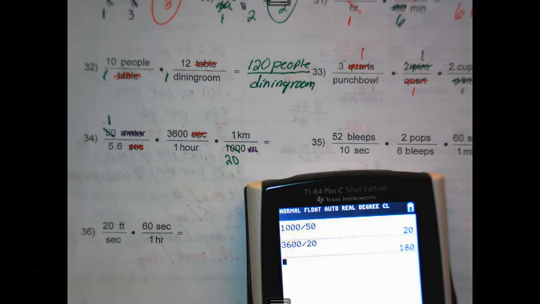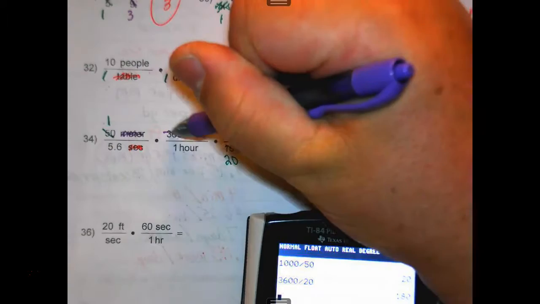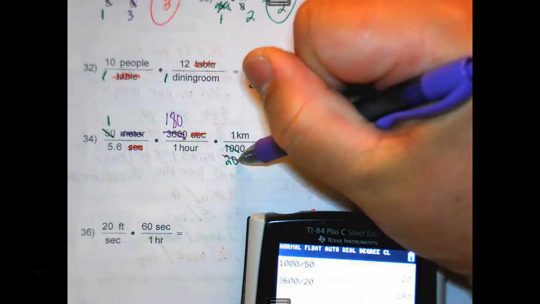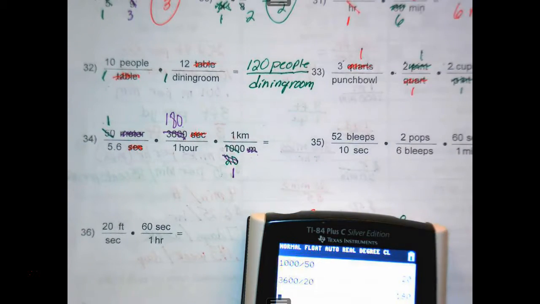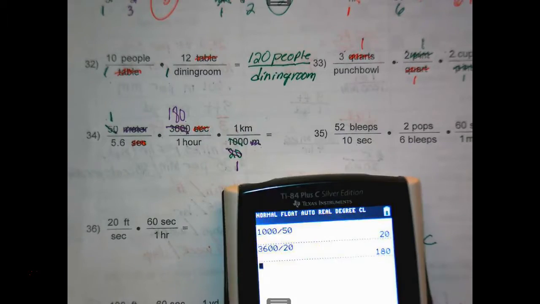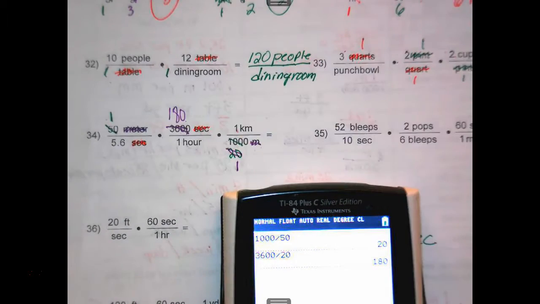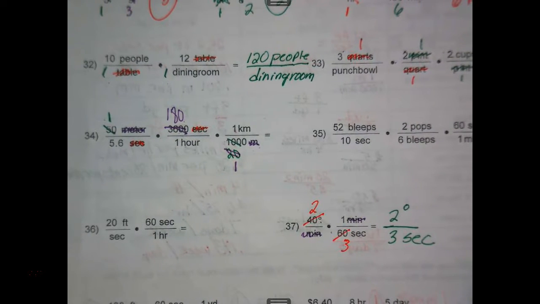So 36 divided by 20 is 180. 20 divided by 20 is 1. Just for the heck of it, let's try taking 180 and dividing by 5.6 and see what we get. It's a decimal, so we're just going to carry those across.